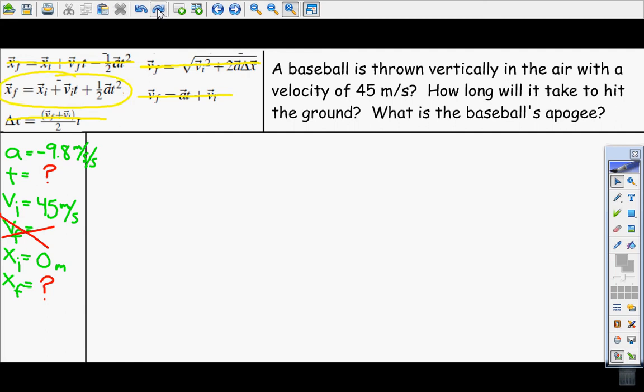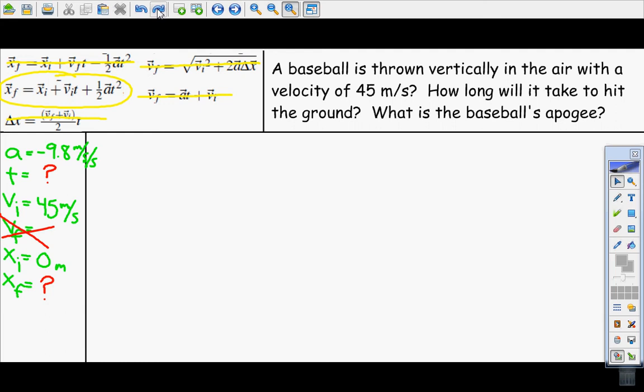So it seems like I'm stuck with using this equation. The problem with using this equation, though, is that I need to know time, and I don't know time. So what can I do in this case? Well, I'm going to decide that I'm going to plug in various times and see what data I can get. And I'm not only just going to plug in various times, I'm going to plug in times that will allow me to track the position of this projectile as it's working through the air.